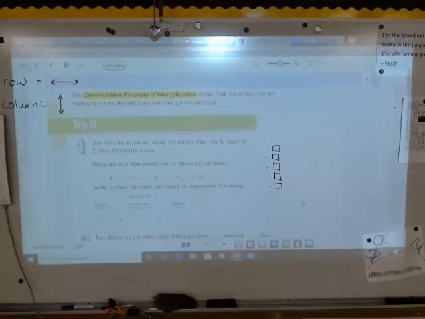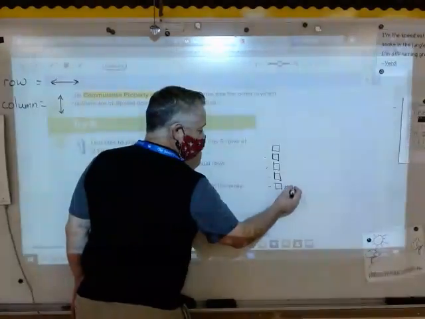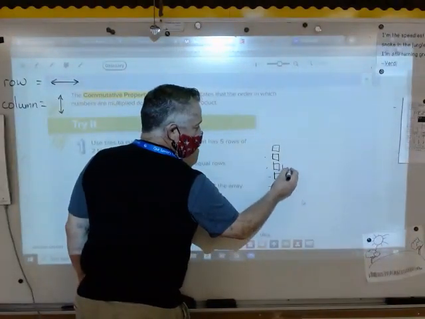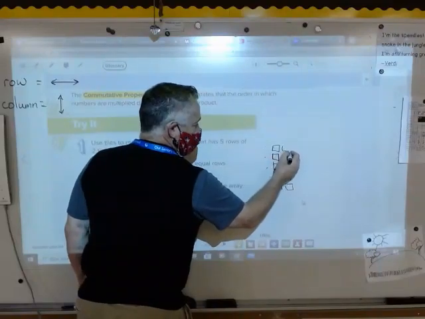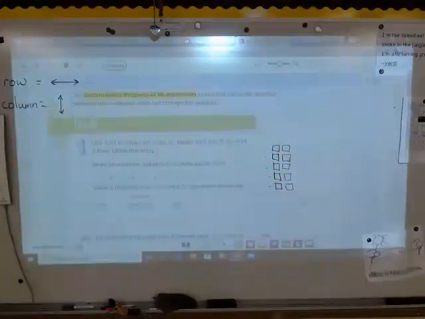Alright. I'm hoping that whatever you made eventually kind of looks like that. Yep. That's 5 rows. There's 2 tiles in every single row.